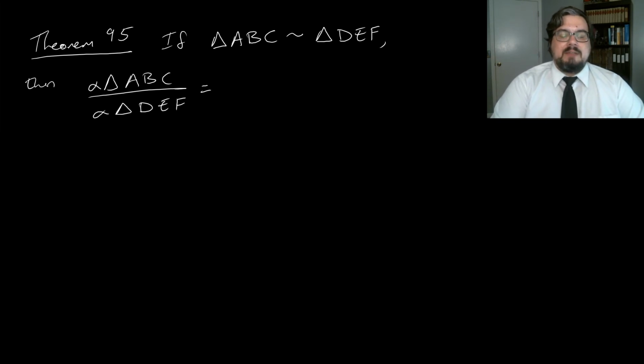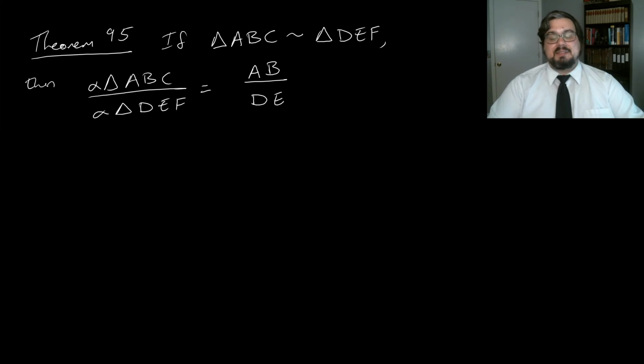now whenever we have a similar triangle, we have a certain constant of proportionality involved. To say that triangle ABC is similar to triangle DEF means that there's a certain ratio that we get when we take corresponding lengths.